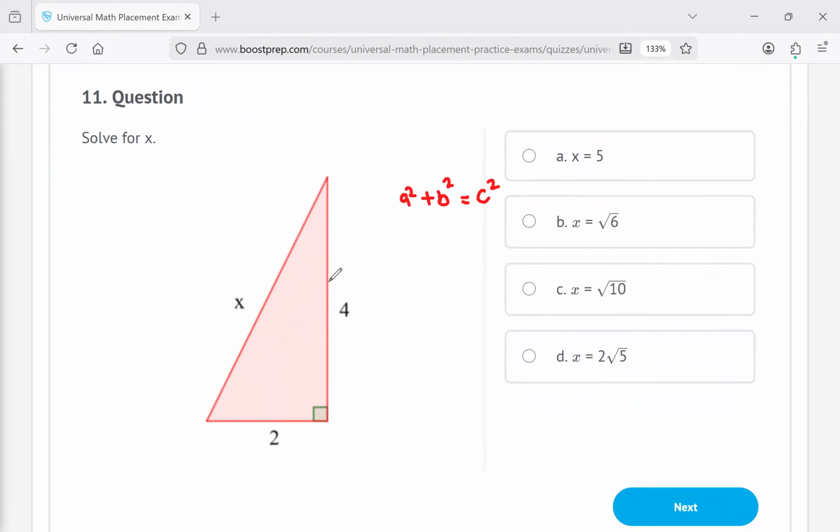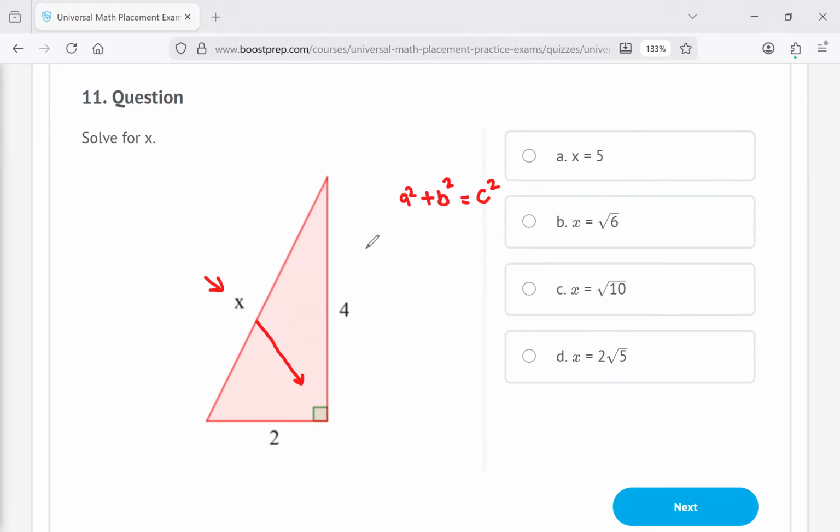If we didn't, we'd have to use something else. We're trying to solve for x, right? So x is technically the hypotenuse, or the c. How do I know? It's because x is facing directly across from the 90 degree angle. That is the biggest angle, which means that is the biggest side length.